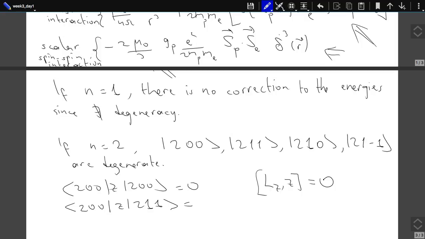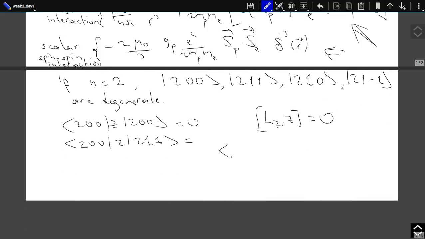But if that is the case, let's consider this matrix element, <2,0,0|[Lz, z]|2,1,1>. This should be 0 to start with, because the commutator is 0.